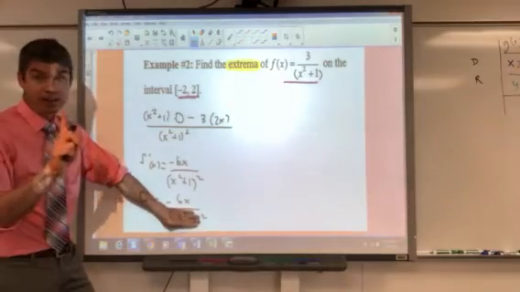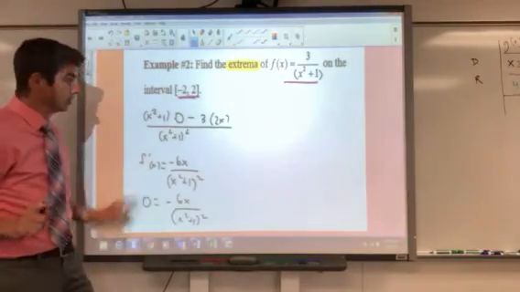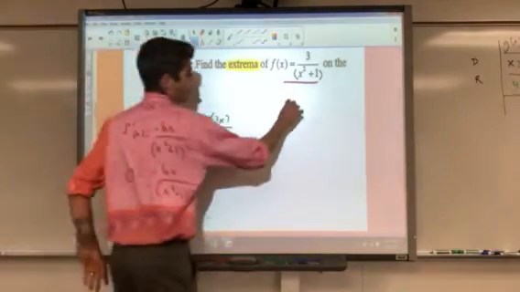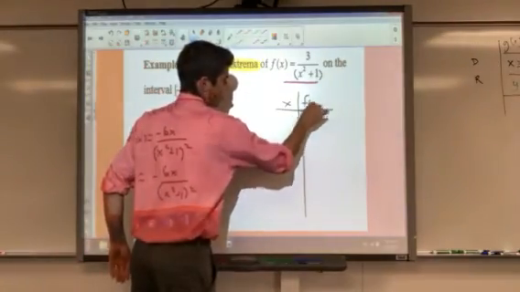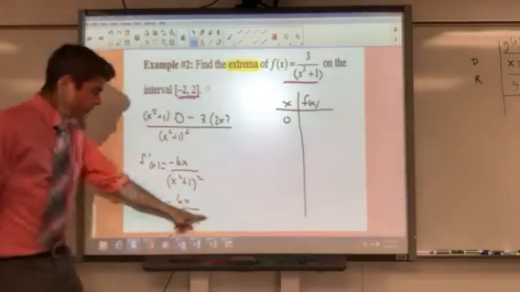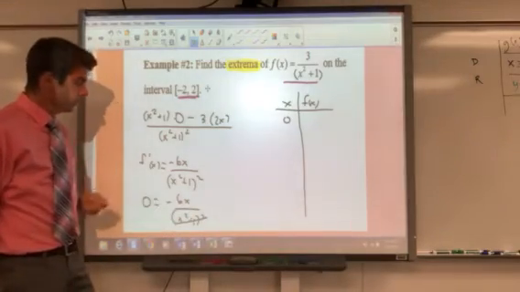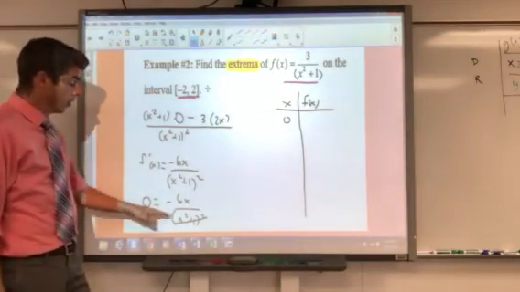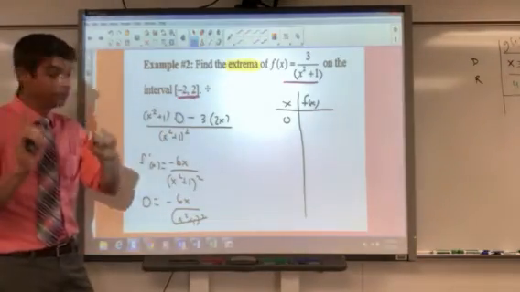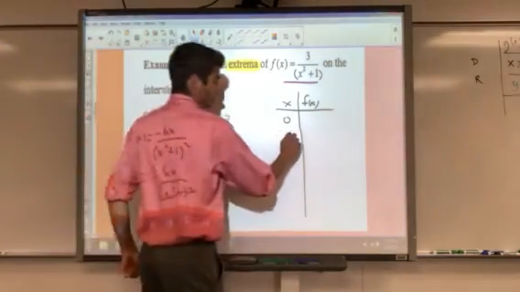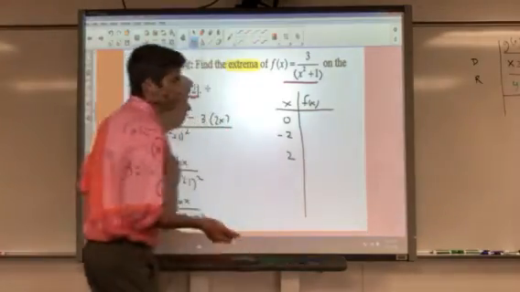So one of my critical values is 0. x equals 0 is a critical value. Okay, and so that's one of them. x equals 0, divide out the negative 6, right? Now, there are no undefined derivatives here, but we do have two endpoints. Those are always critical on our closed interval, negative 2 and 2.